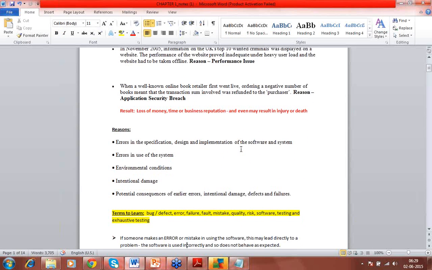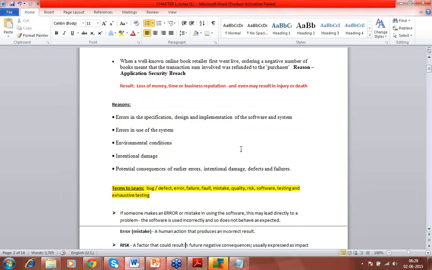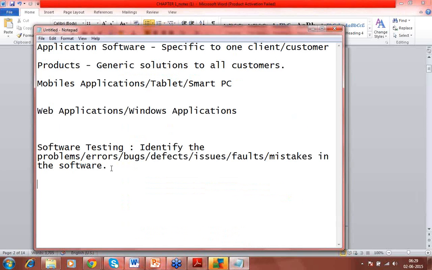Okay, what are the reasons? What could be the reasons for all these things to fail? The reasons are that typically a software goes through a life cycle, which we call the software development life cycle.